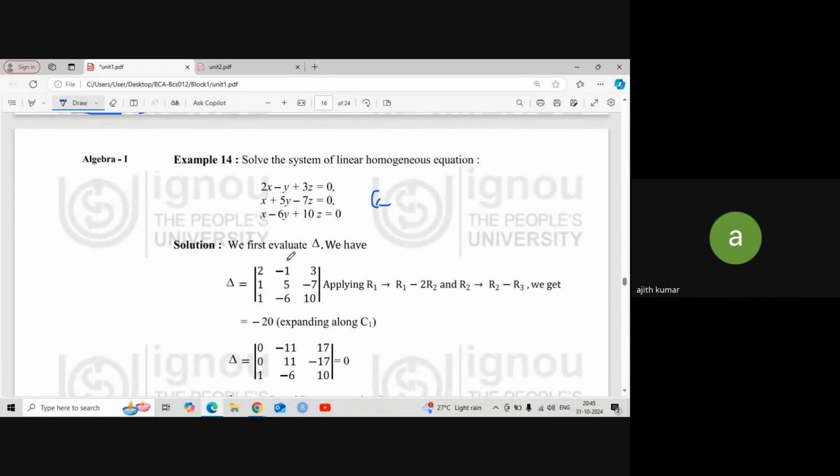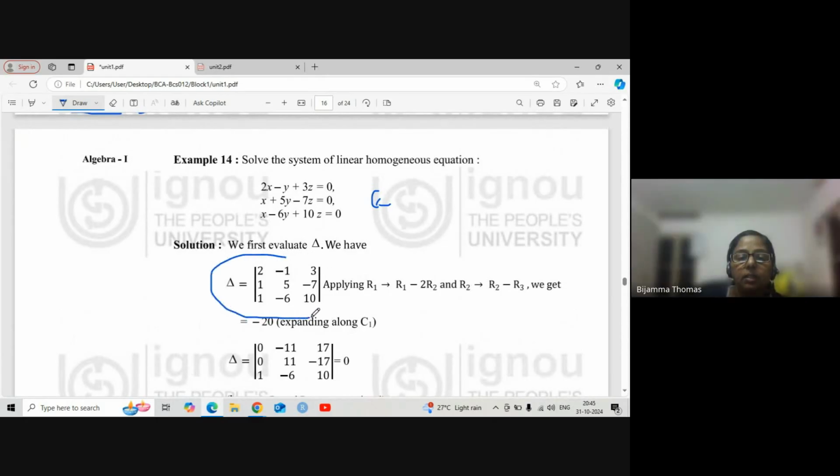Yes, ma'am. First you identify the value of the determinant. When the determinant value is non-zero, there is a unique solution. When the determinant value equals 0, we have an infinite number of solutions. So we check whether the value of the determinant is 0 or non-zero.